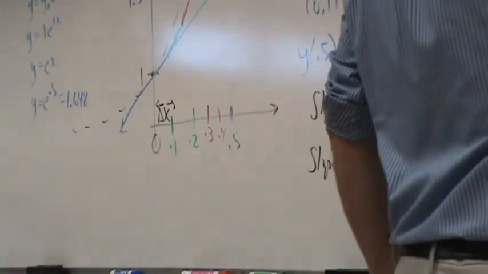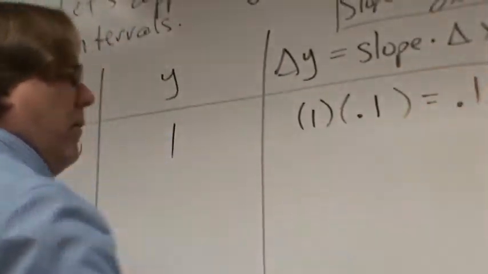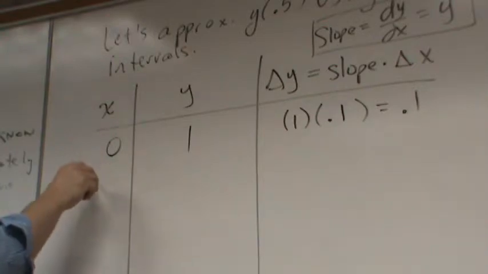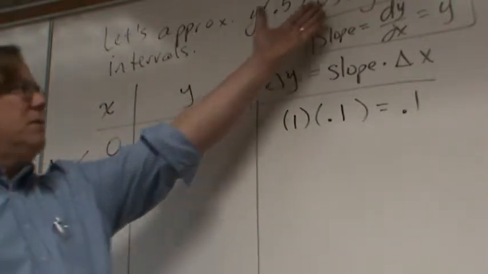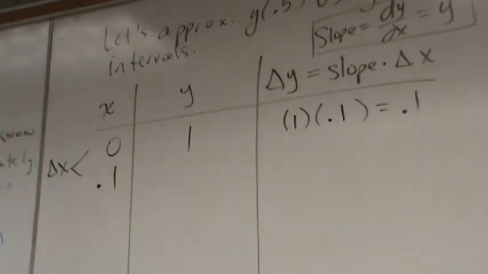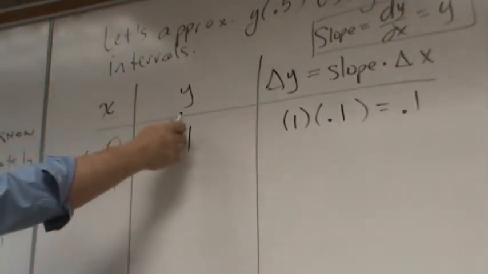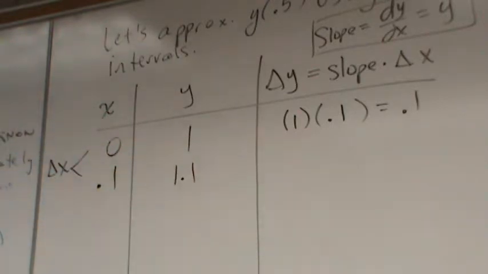So my delta x is 0.1. So I get a delta y of 0.1. Which means when x is 0.1, my new y is going to be the old y plus the change in y, 1.1.